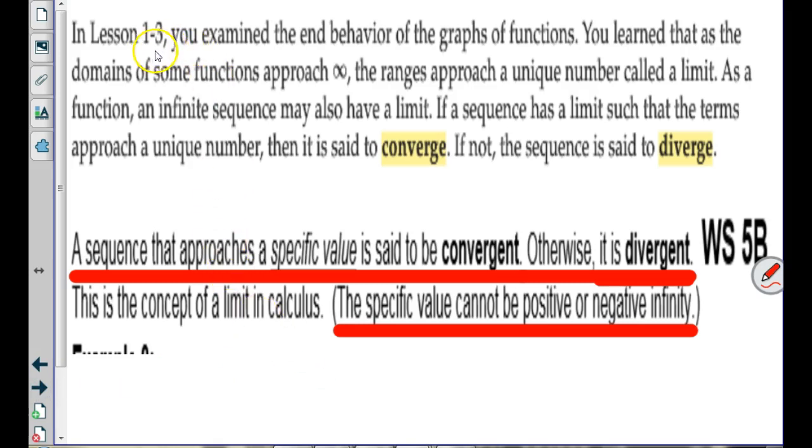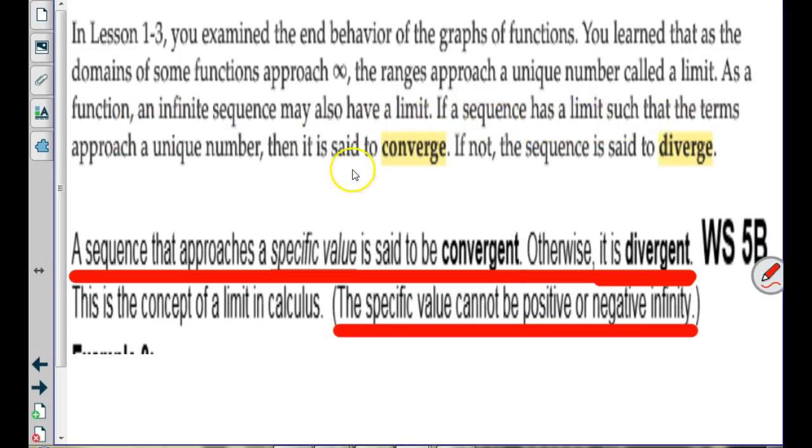All right. A long time ago, way back in the first chapter, we started talking about what a graph approaches. We talked vaguely about it as a limit, but mostly we just talked about it as the end behavior. As a function, an infinite sequence may also have a limit.